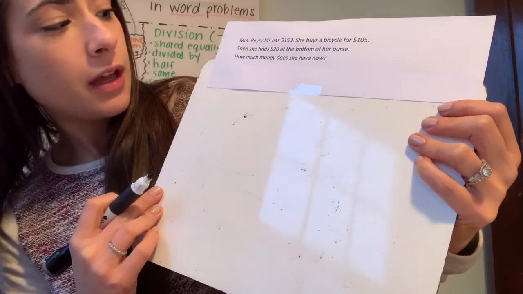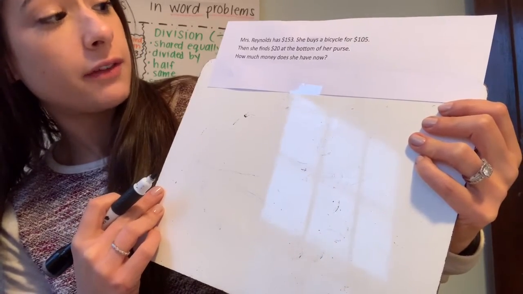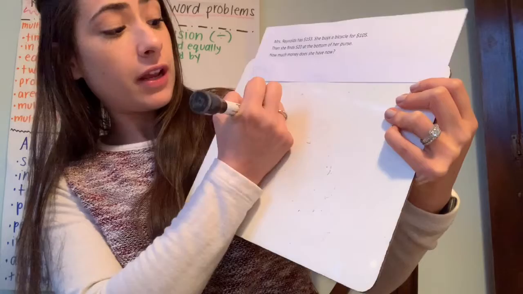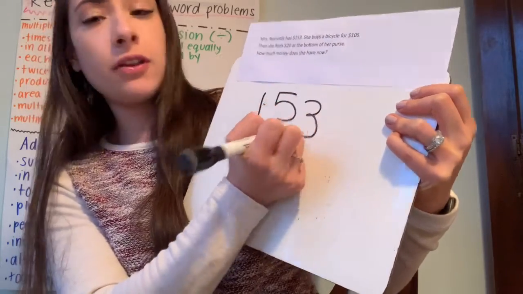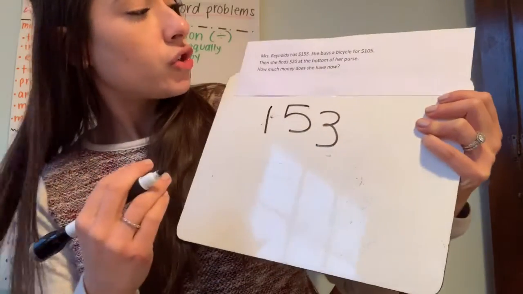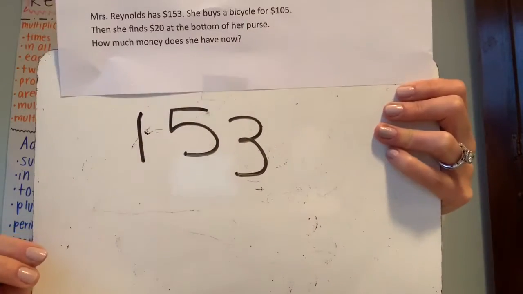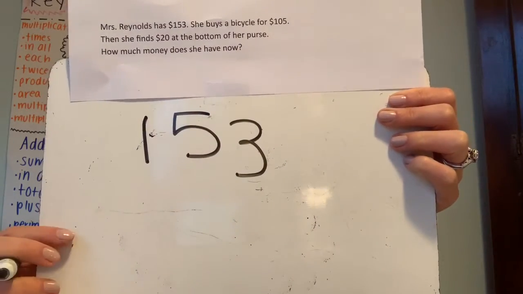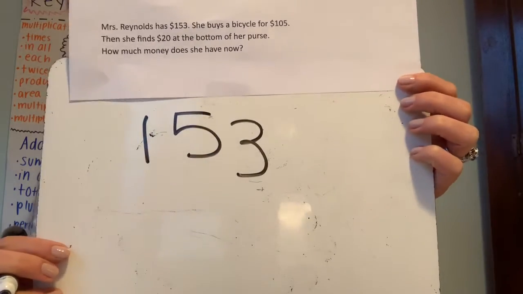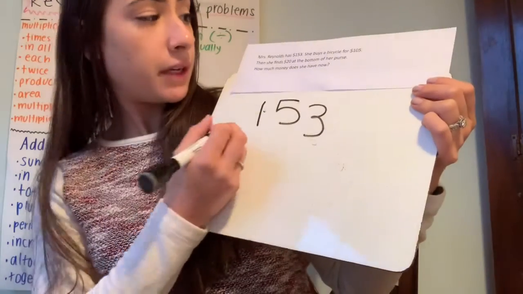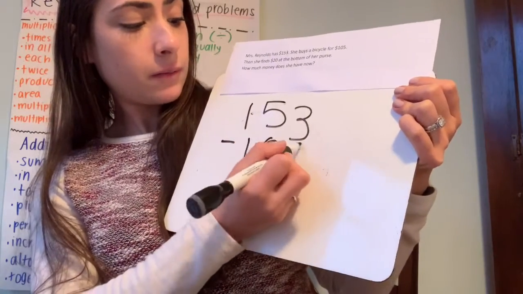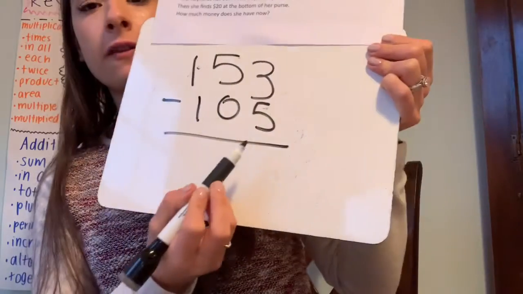Wouldn't that be nice? How much money does she have now? So we know she has $153 to start. She buys a bicycle. If you buy something, are you getting more money or are you taking money away? You're taking money away. So we're gonna minus 105.